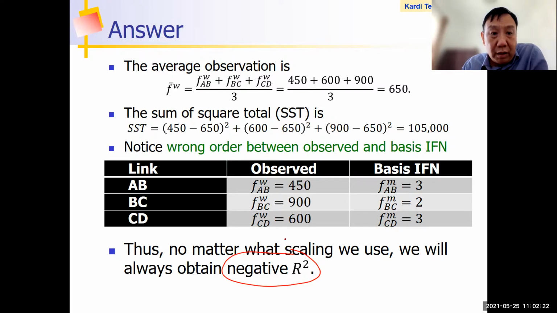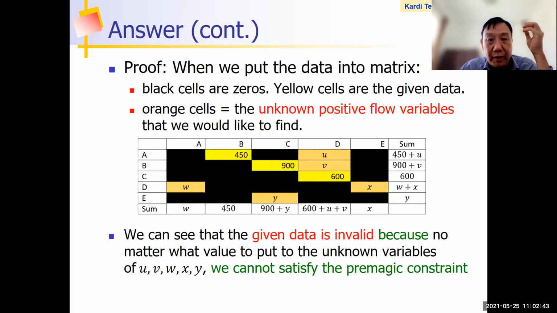Why? You can see the SST compared to the SSE is actually much larger than 1. The SSE divided by SST is larger than 1. So it's negative. So in that case, there's a problem with your observation.